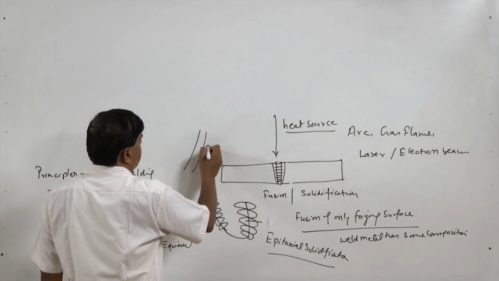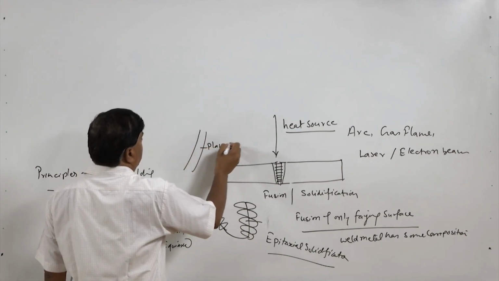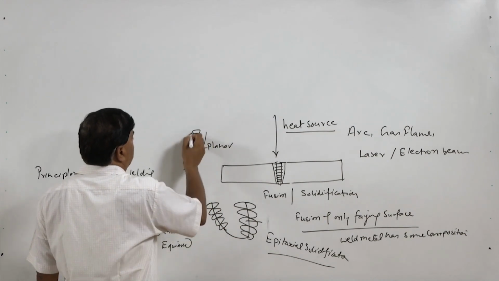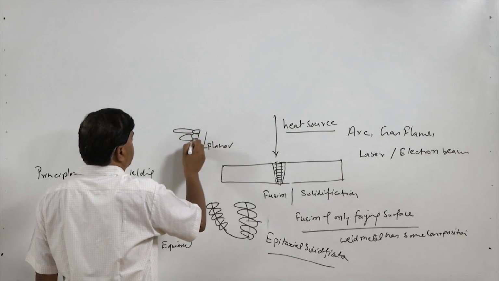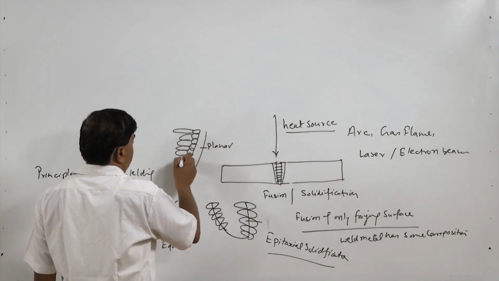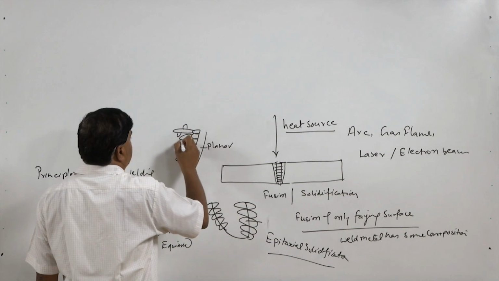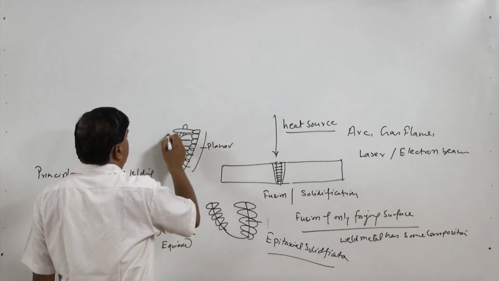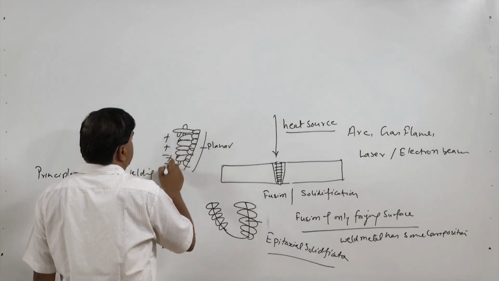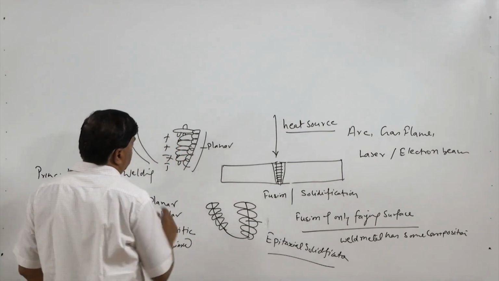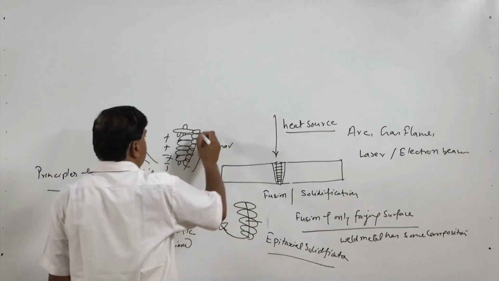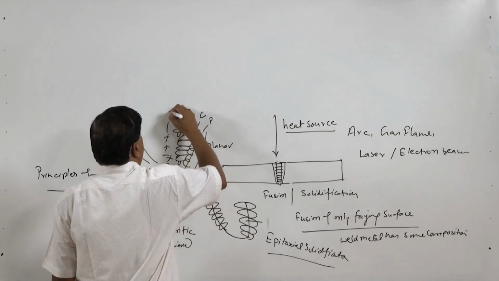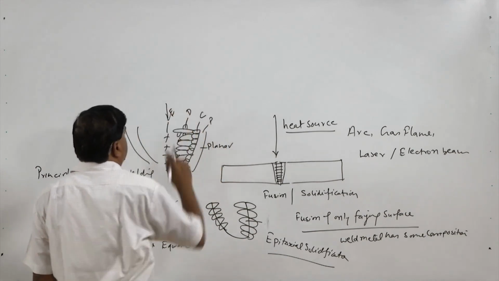So, normally the first is the planar, second is cells like this, third is in the form of dendrites, and then equiaxed grain structure at the center of the weld. Likewise, the similar kind of structure is obtained from the other side. So, planar, cellular, dendritic and equiaxed grain structure is normally observed at the center.